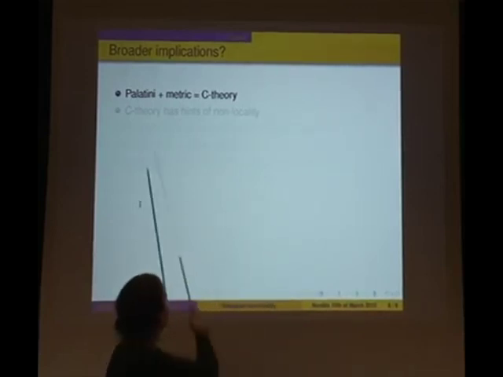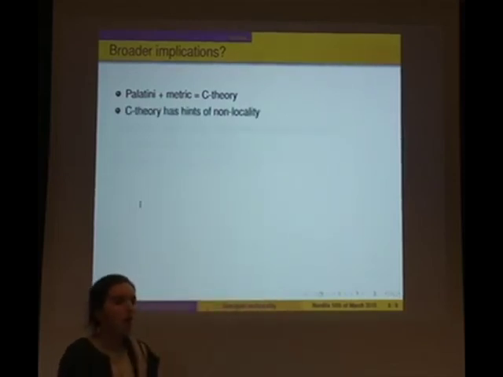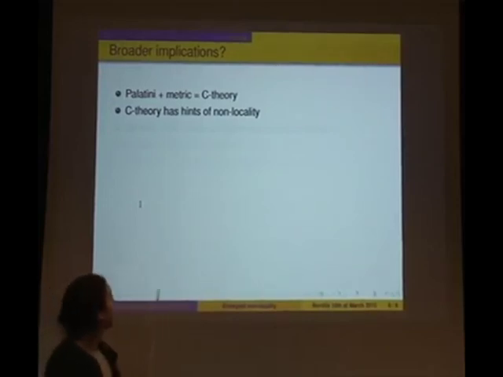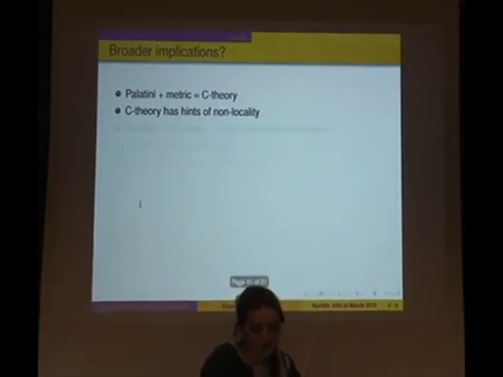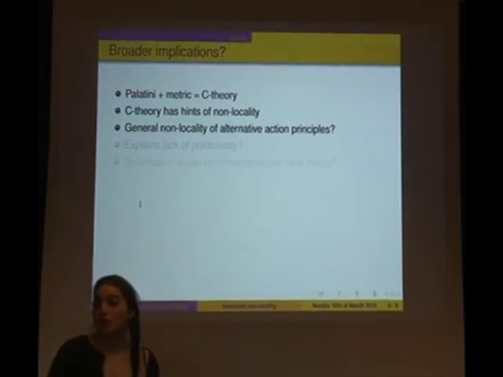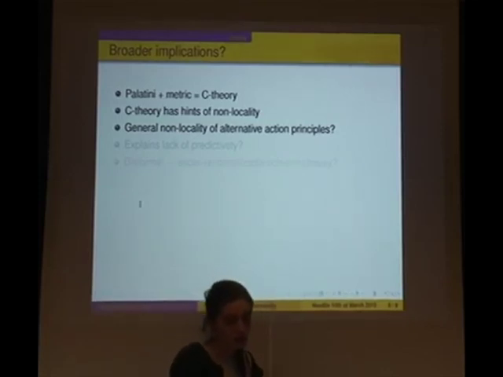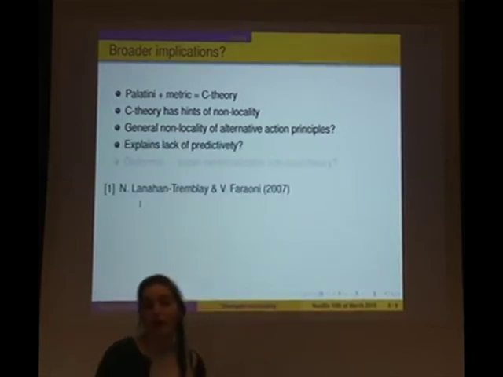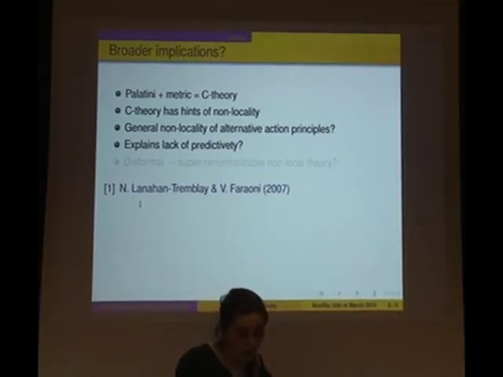C theory is a framework which encompasses Palatini and metric terms, and this has a sort of base non-locality built into it. This might hint that there is a general non-locality in alternative action principles, and this non-locality or circular structure might also explain some of the lack of productivity of Palatini f(R).